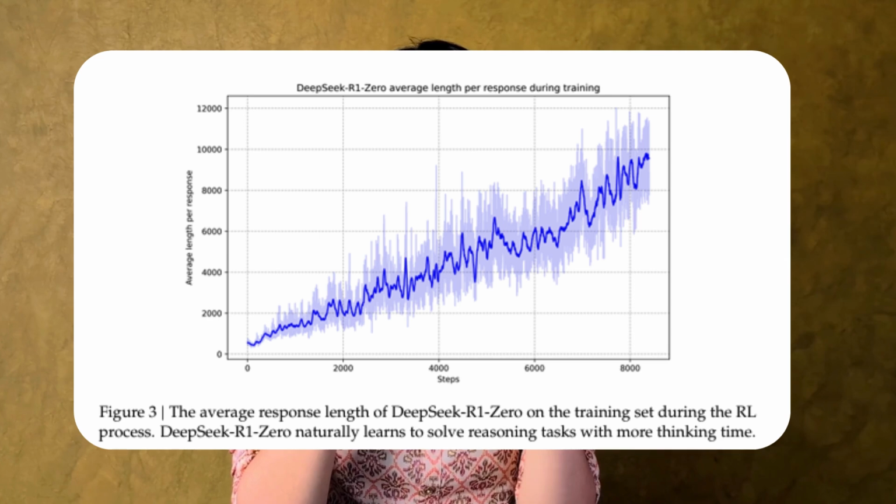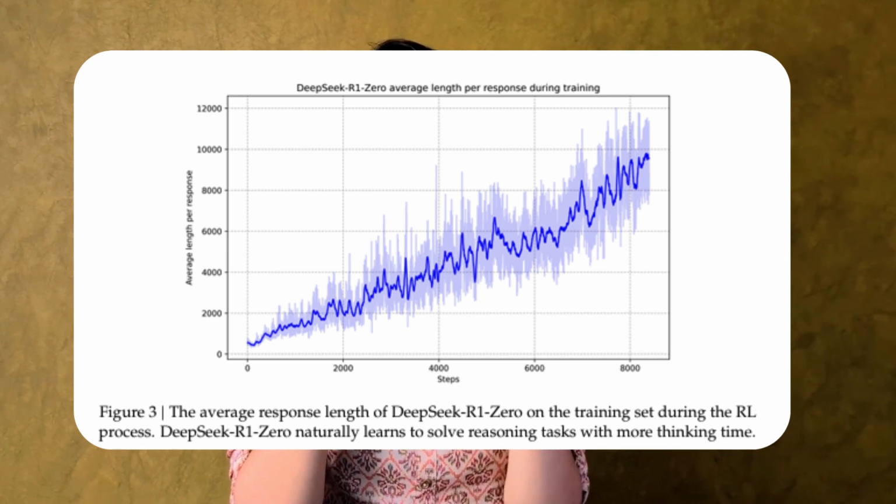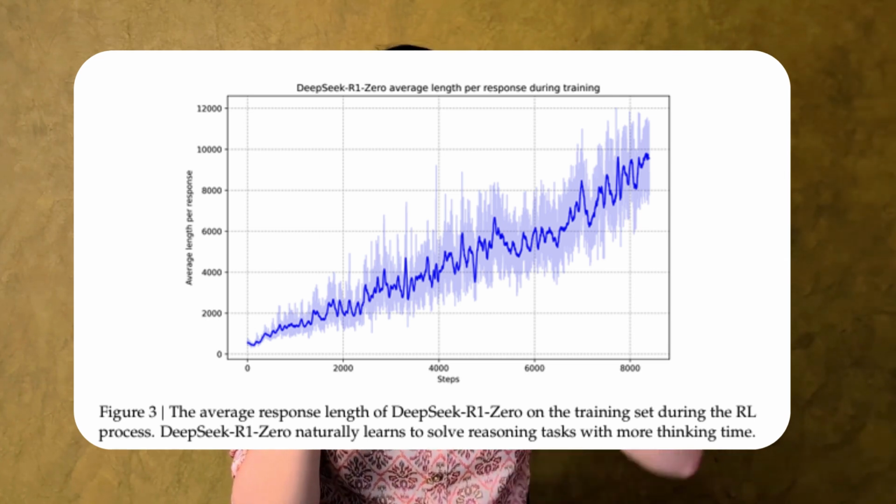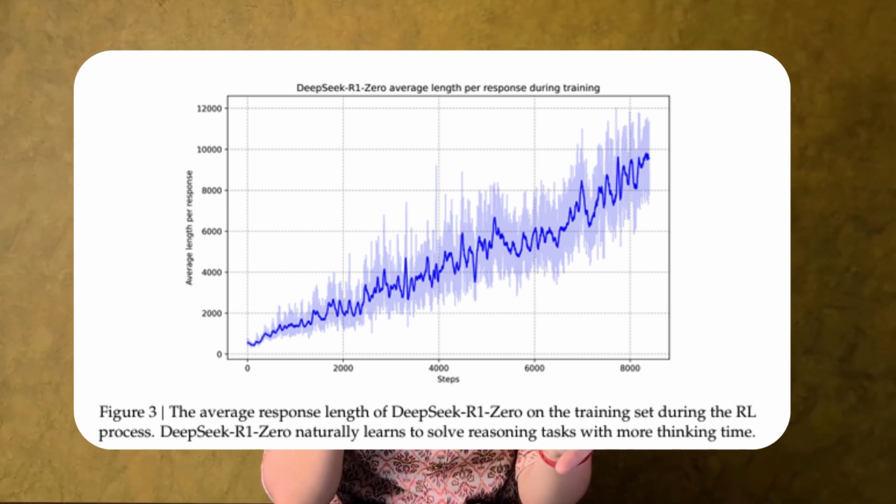And as the pattern continued, researchers noticed something interesting. They noticed that the length of the model's responses gradually increased. Why does this matter? Because this showed that R1-Zero was spending more time reasoning internally with itself before answering.